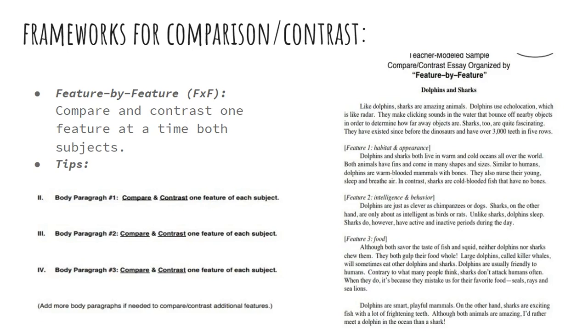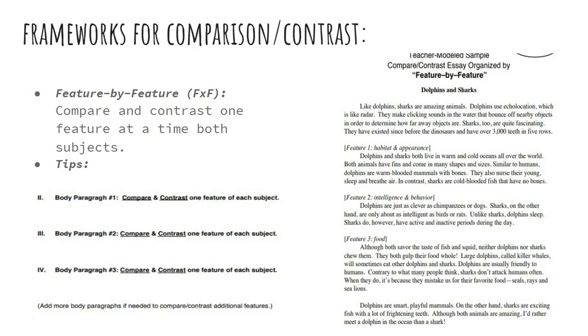So the next one is feature by feature, which I love. I have a graphic organizer that I'm going to attach here because I feel like feature by feature is a little bit easier for you all. So what you will do is you're going to compare and contrast one feature at a time with both subjects.